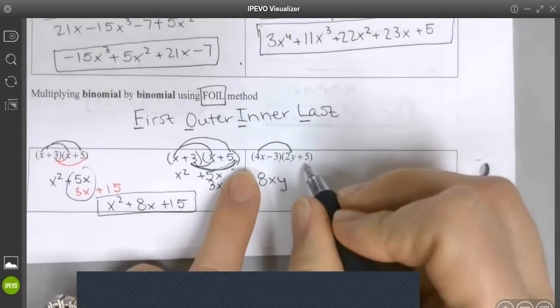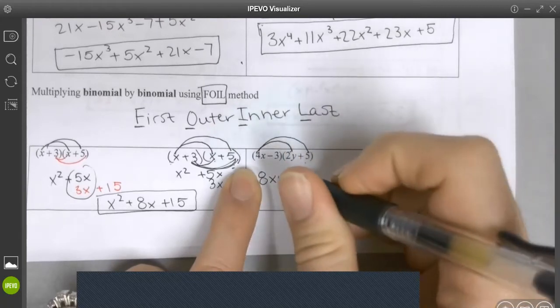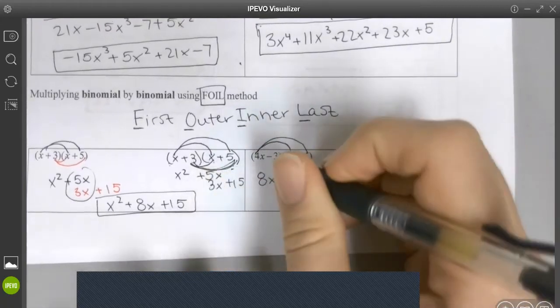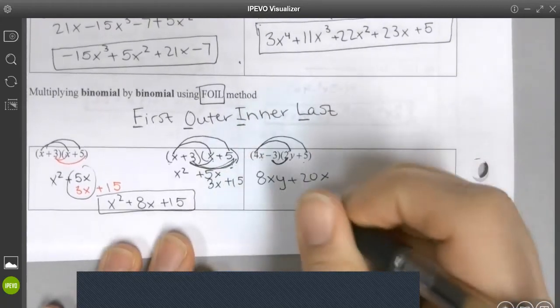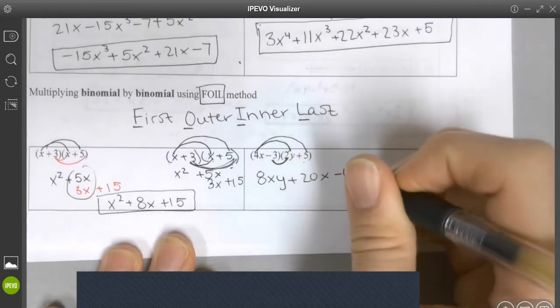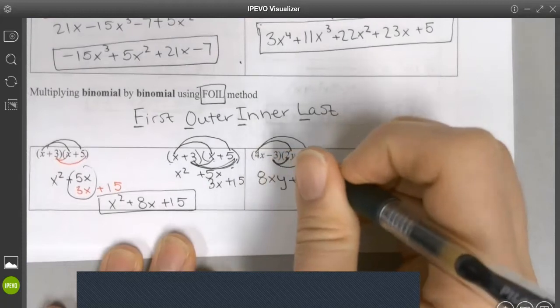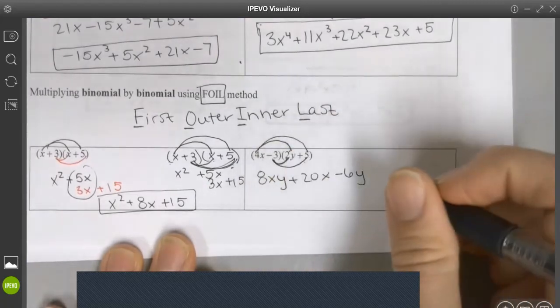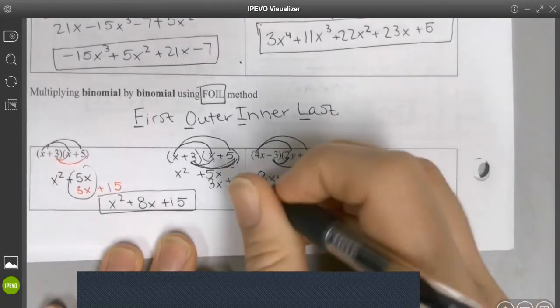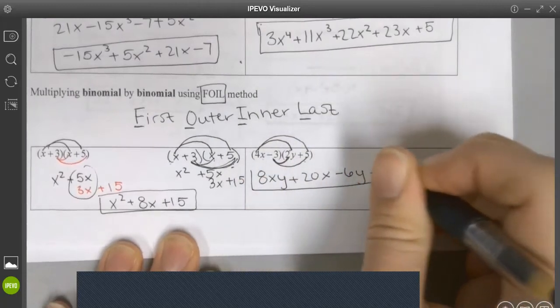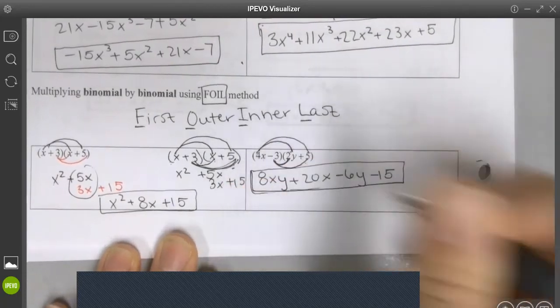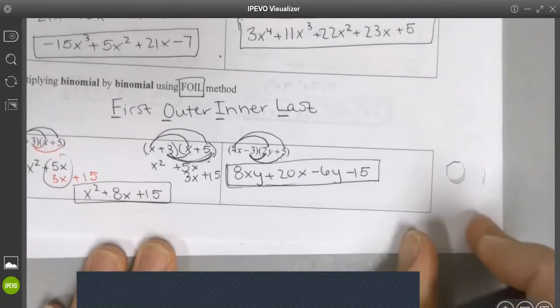First, outer terms, 20x. Inner terms, those aren't going to be like terms. I'm just going to write them next to each other, -6y. Last terms give me -15. Now I'm not writing in standard form because I have more than one variable going on. I'm just writing it as it ended up.